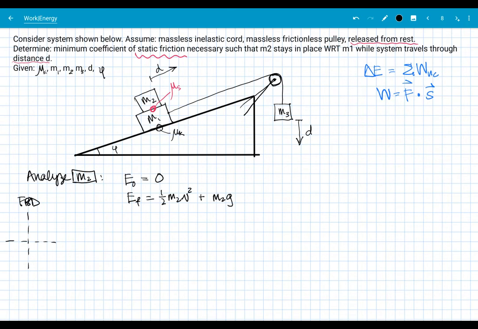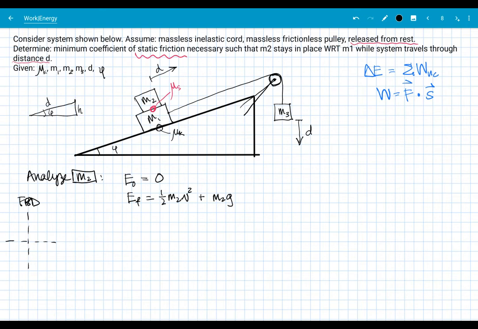And let me think about how much elevation it's gained here. You can draw a little right triangle for yourself. Here's phi. We know that the distance d is the displacement up the incline, and I'm interested in what is the change in elevation when the distance up the incline is equal to d.